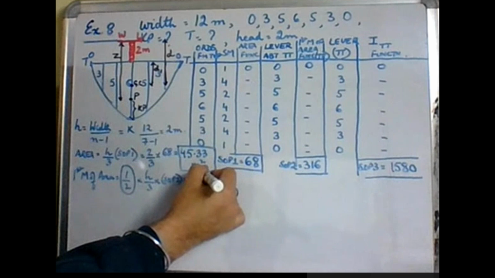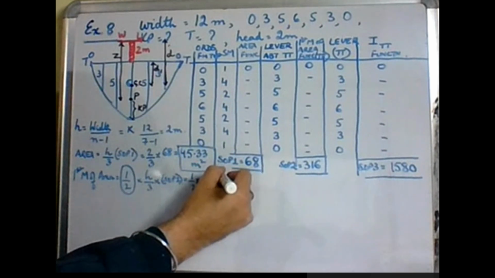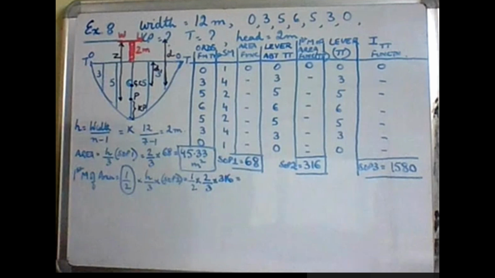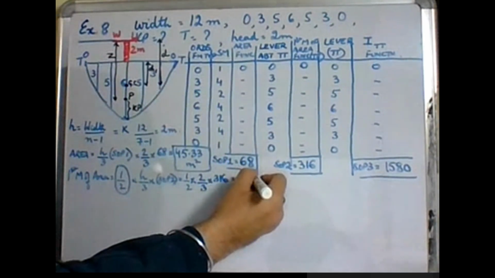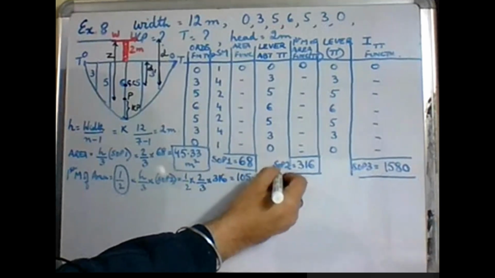Vertical. Into 2 by 3 into 316. So 105.33 m cube.